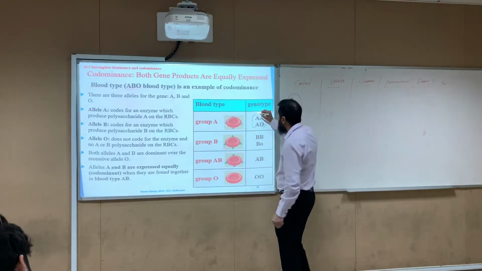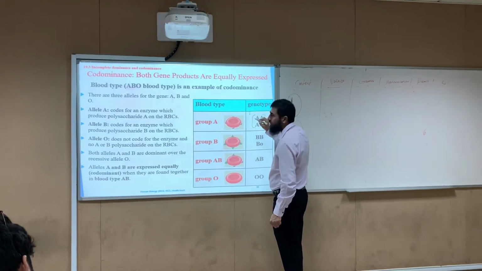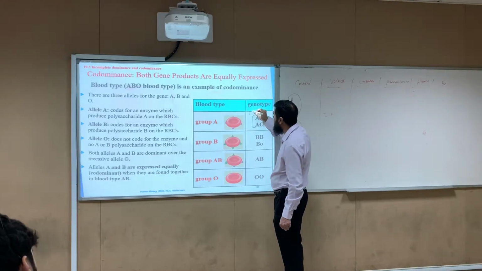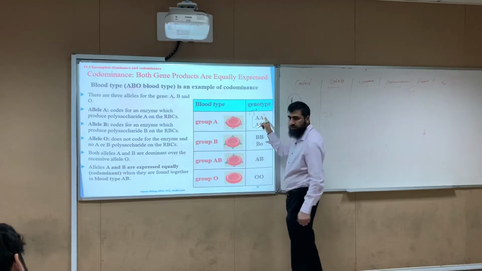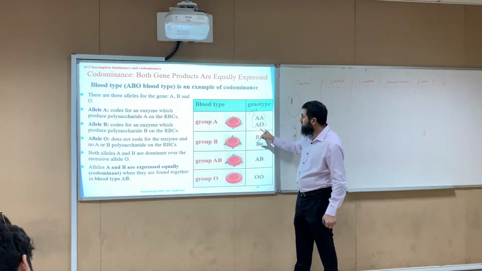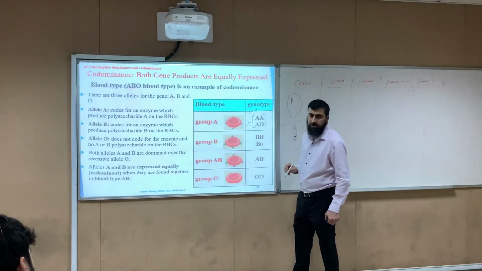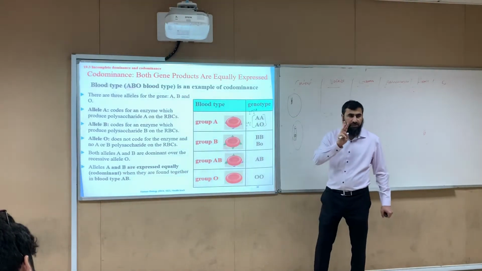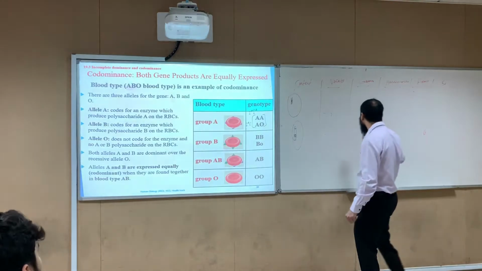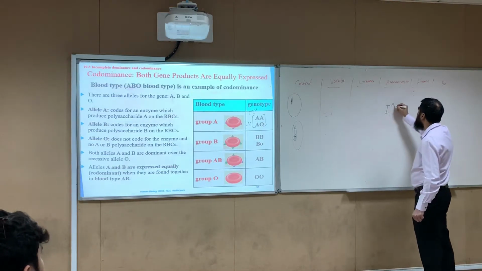remember how we write the blood type: capital I A, capital I A here as well, okay? For this one, capital I A, small i, okay? There are three different alleles, remember? Small i means without antigens.